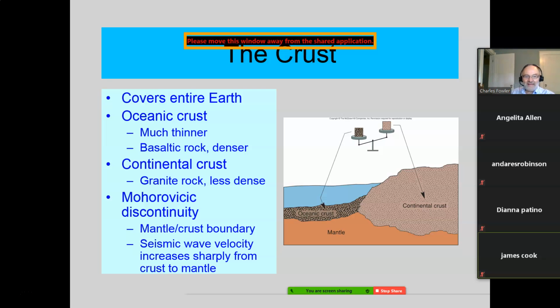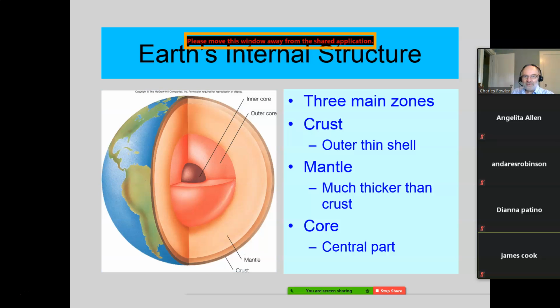Now, again, let's go back to the previous picture. This is then the MOHO, or Mohorovičić discontinuity. And you see, whereas they show here the crust being nice and even, it's not. Continental crust is thicker, oceanic crust is thinner, so this should be quite thin right here.